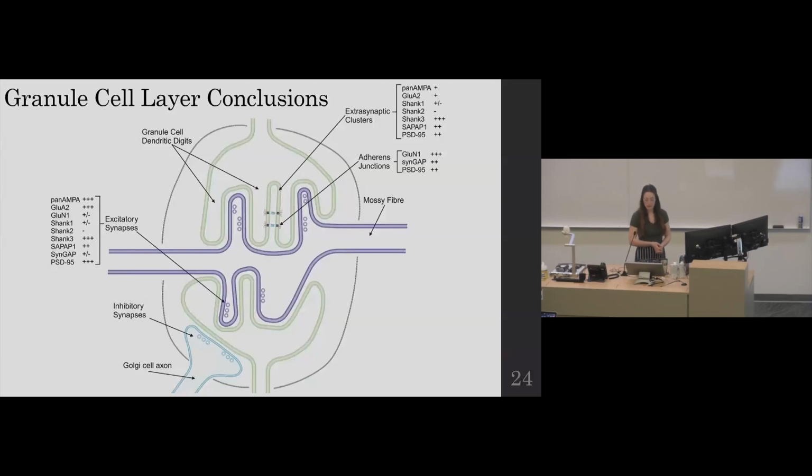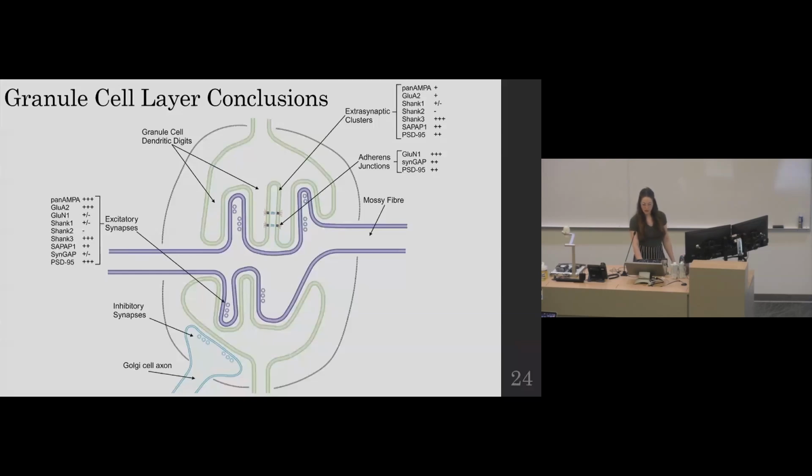SynGAP showed a similar expression pattern to NMDA receptors, with both colocalizing with M-cadherin at adherens junctions. Though previous studies have provided contradicting results on the localization of NMDA receptors, this study shows that they are mainly localized to extrasynaptic sites, which is supported by electrophysiology data showing activation of NMDA receptors via spillover, indicating a functional significance of extrasynaptic clusters.